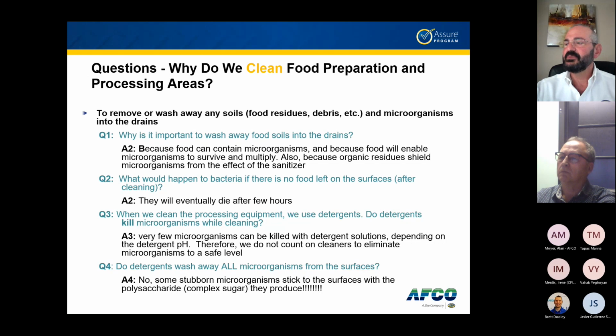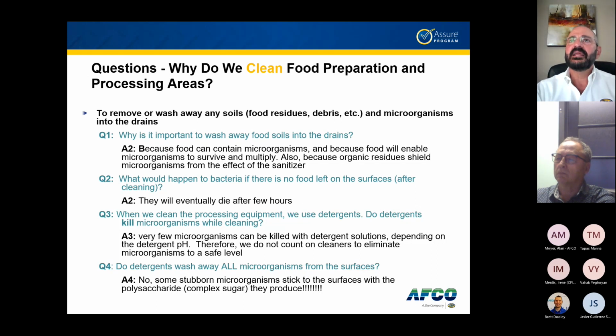If we don't remove them from the surface and expose the bacteria to the sanitizer, we will not be able to sanitize the surfaces to a safe level. So what would happen to the bacteria if there is no food left on the processing equipment? Usually we remove all the food residues and soils from the equipment.